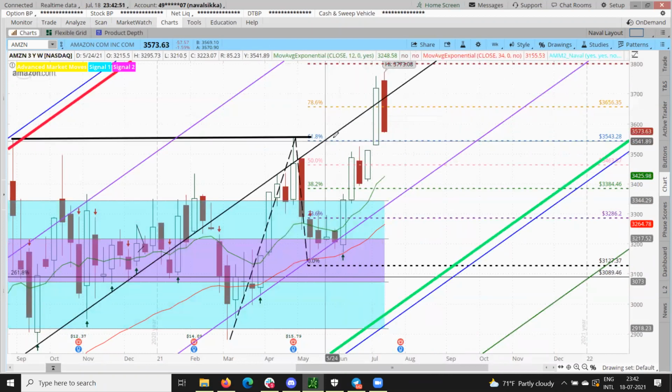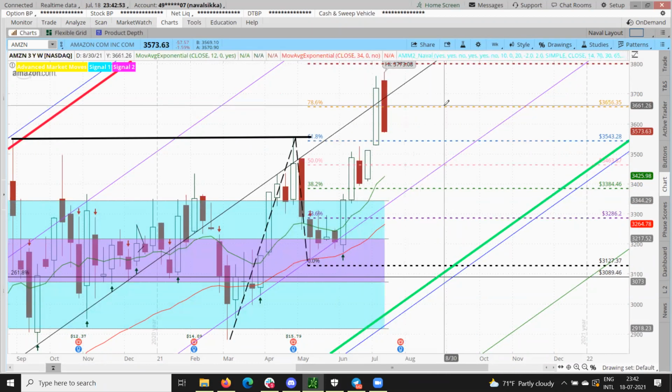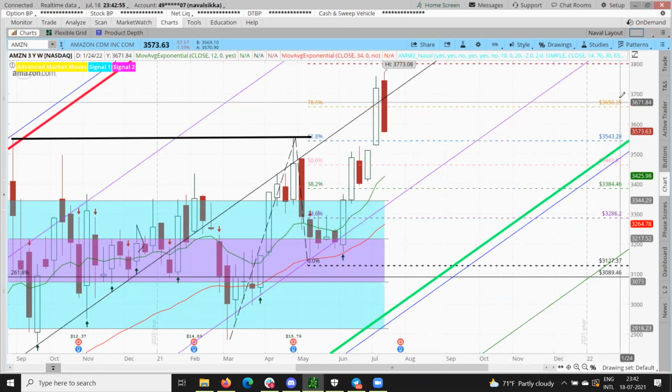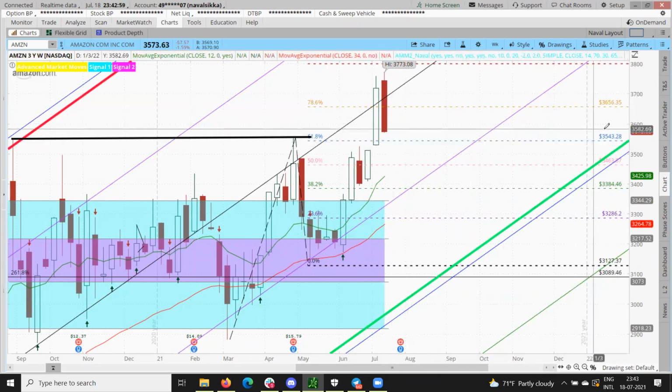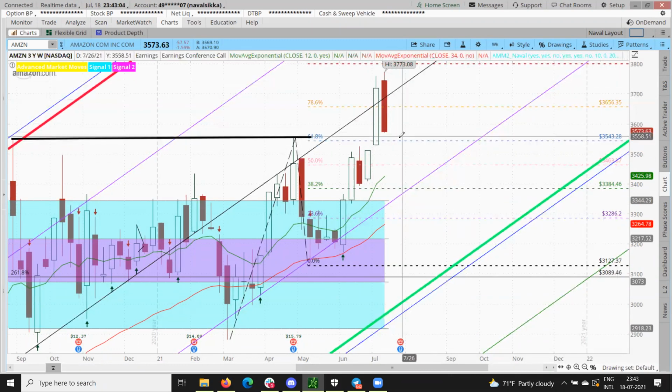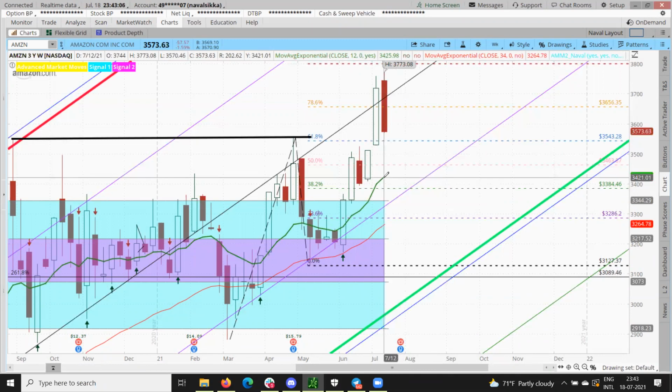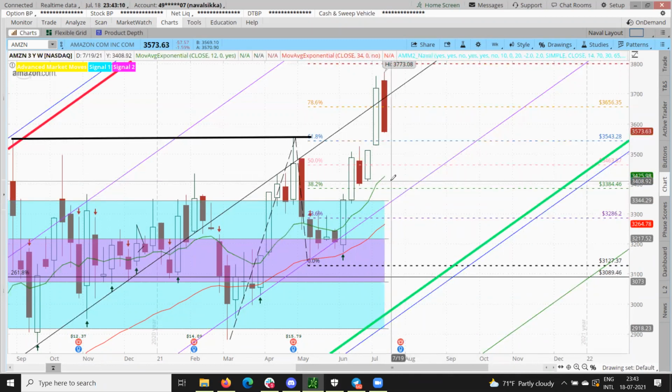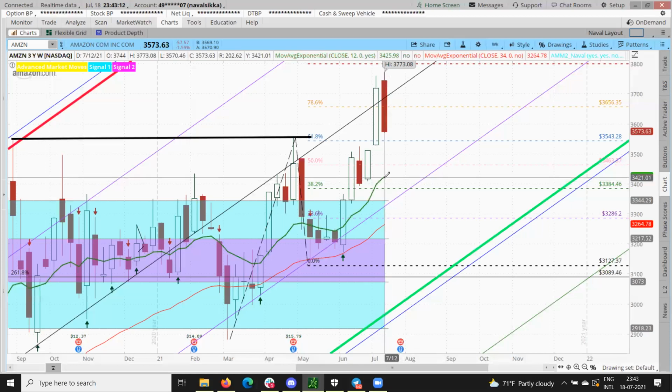This was the resistance line, and this was the resistance line. It breached this 3656. Now it will come to 61.8, which is 35.43. It might take good support here and then bounce. If it doesn't, it will definitely come back and test 34.25. You trust it or not trust it, but you have to try this and validate it.